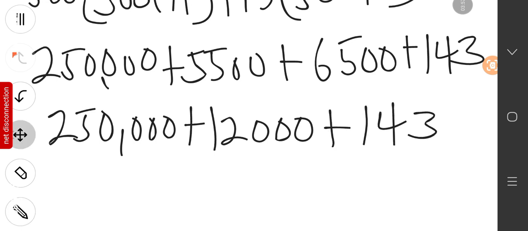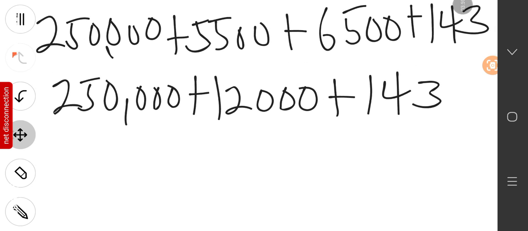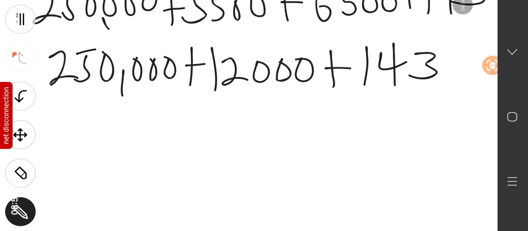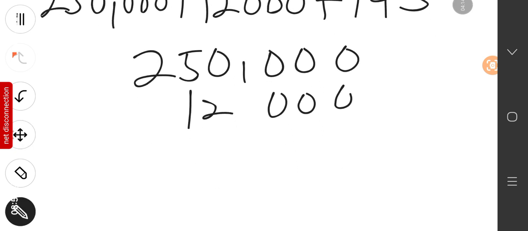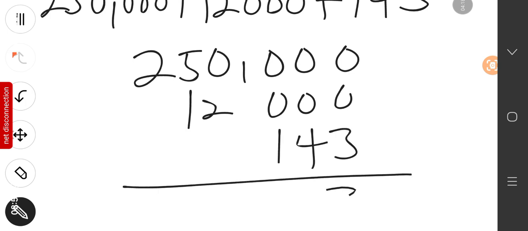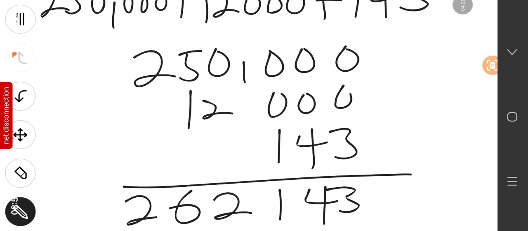All right, so this is what we have now. So let's add all these numbers. We are going to have 250,000 plus 12,000, plus 143. So 3, 4, and 1, then 2, 6, and 2.